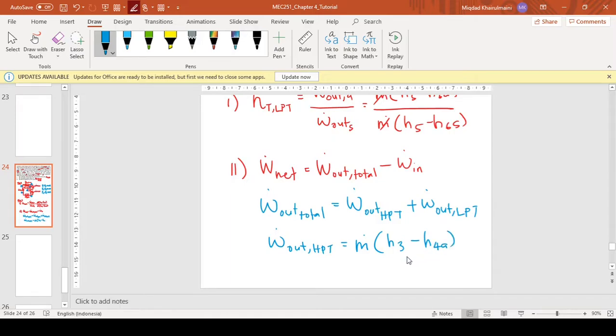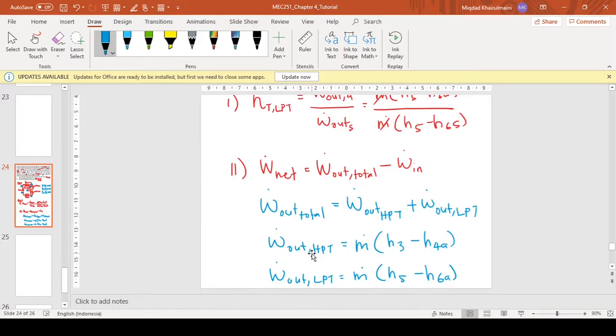Since there is an isentropic efficiency at the high pressure turbine, the specific enthalpy at state 4 has to be the actual specific enthalpy. For the low pressure turbine, we have the mass flow rate multiplied with the enthalpy at state 5 minus the actual enthalpy at state 6. So that is for the work output.